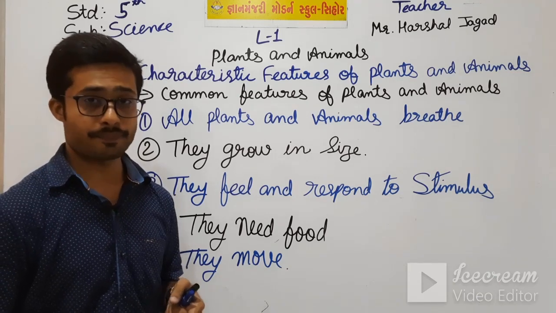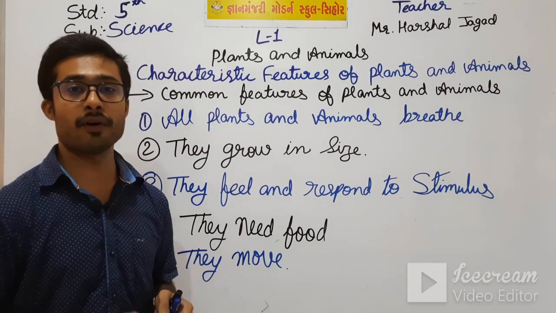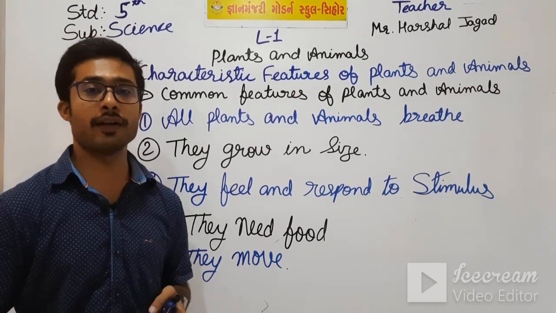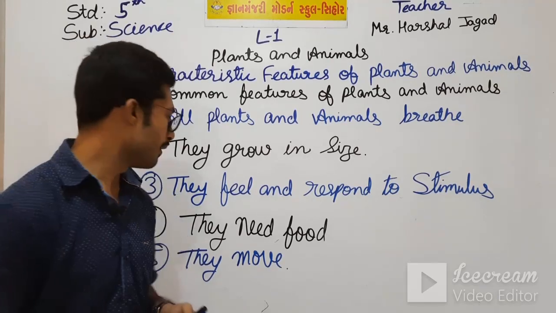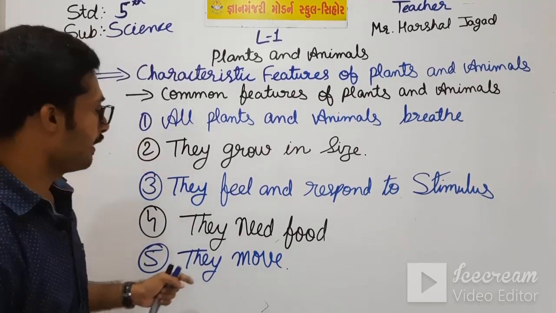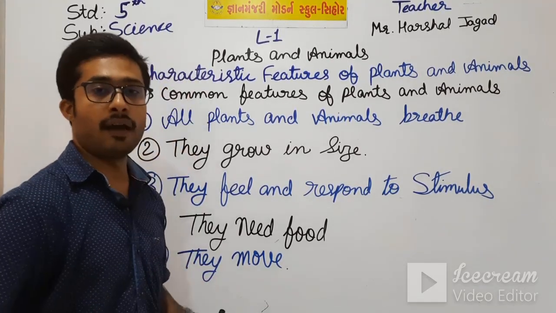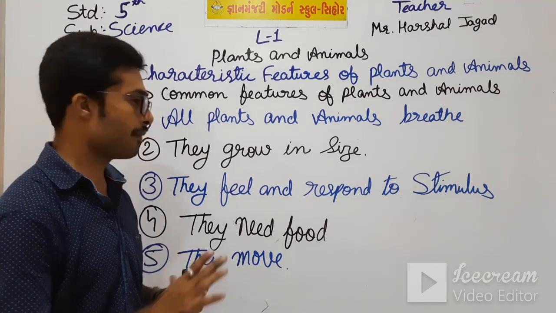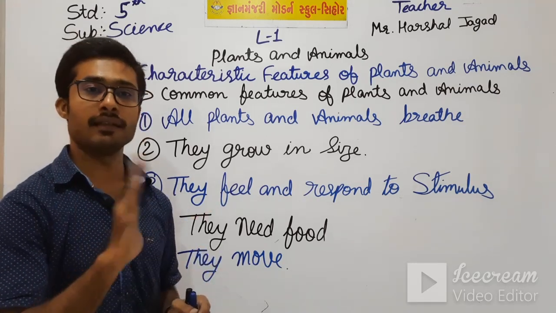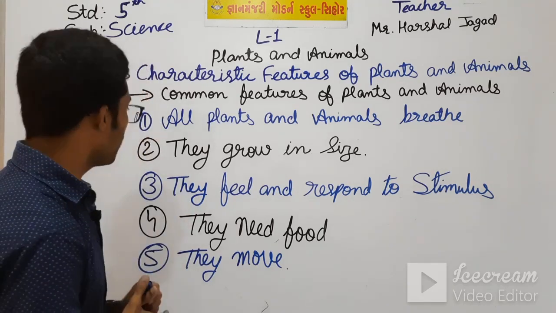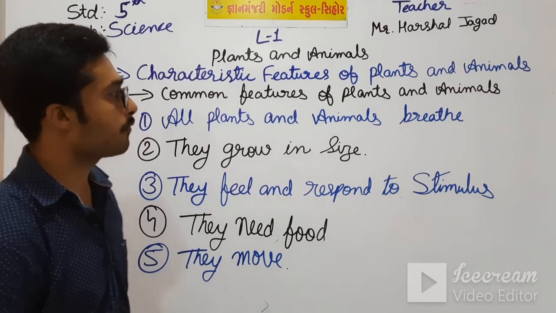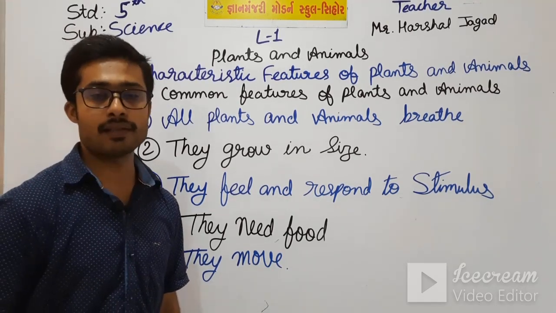They don't grow if they don't eat food. We humans also can't grow if we don't eat food. Fifth point, they move. Plants don't move from here to there, but their branches move. Okay, so these are the first 5 points of the common features of plants and animals.